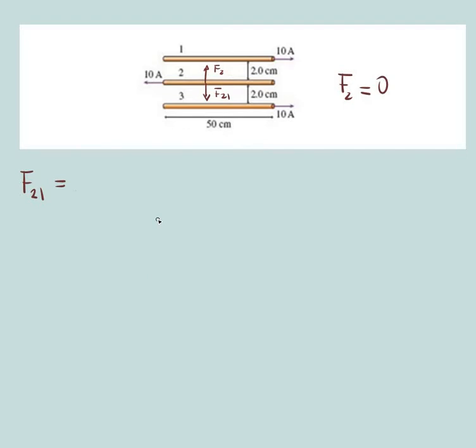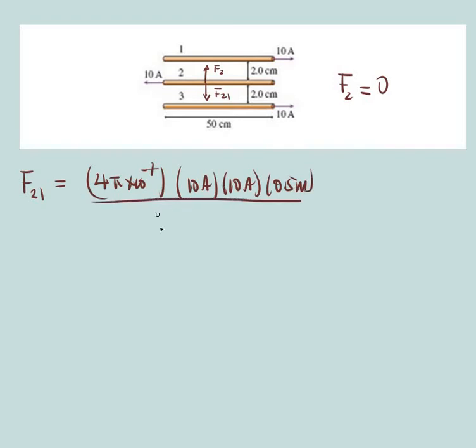Look at that, magically everything is clean now. Well, F21 is equal to what? It's going to be 4 pi times 10 to the minus 7, times 10 amperes times 10 amperes times the distance, which is 0.5 meters, all divided by 2 pi times the distance.